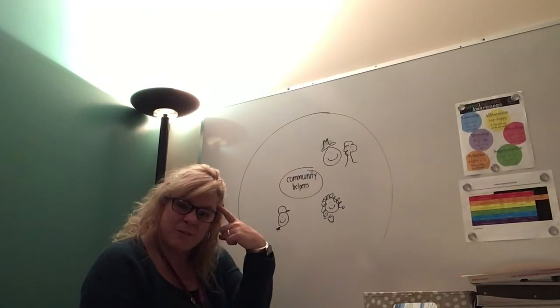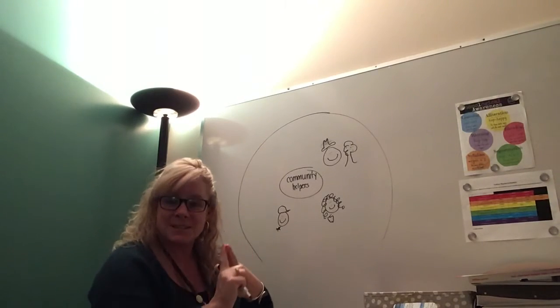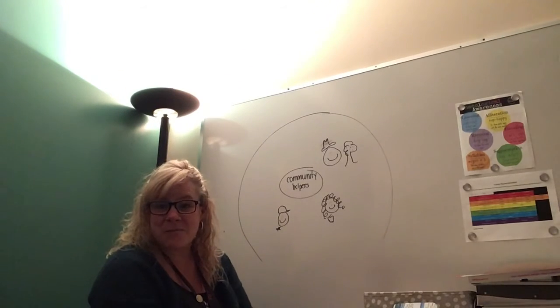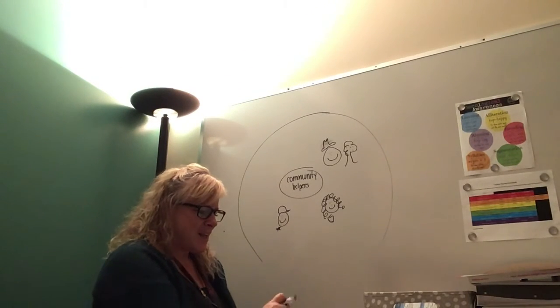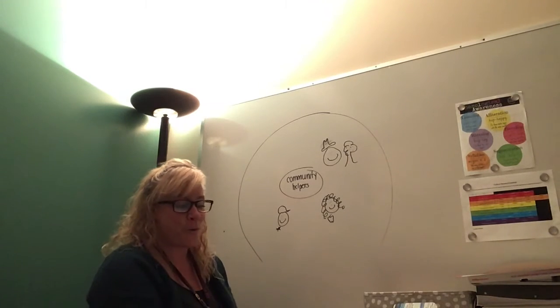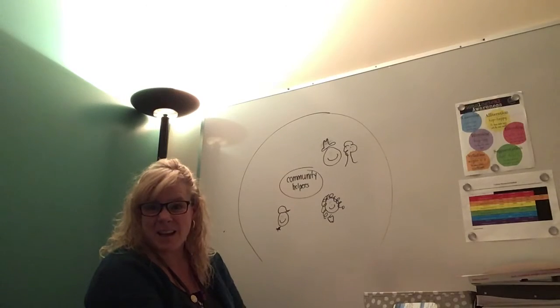I'm going to think about what fabulous writers do. Fabulous writers make sure they have capitalization at the beginning. Fabulous writers make sure that they have punctuation at the end. They definitely make sure that they have read their writing before they let somebody else read it.